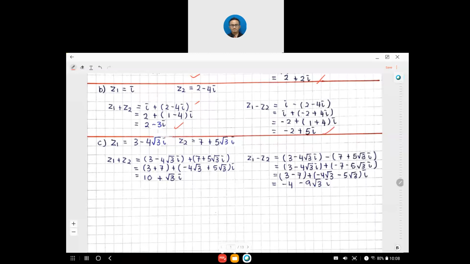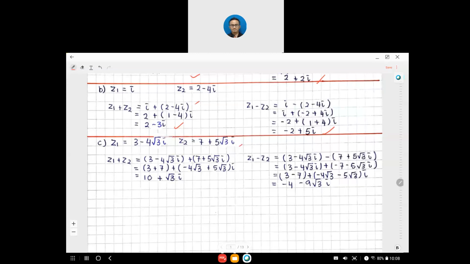And then the last one, question C, Z1 equal to 3 minus 4 times by root 3i, and then Z2 equal to 7 plus 5 root 3i.